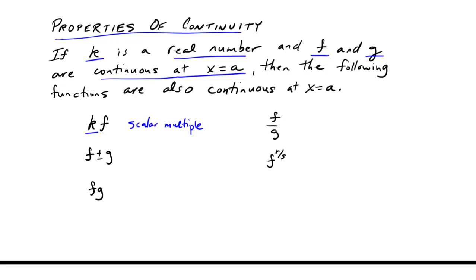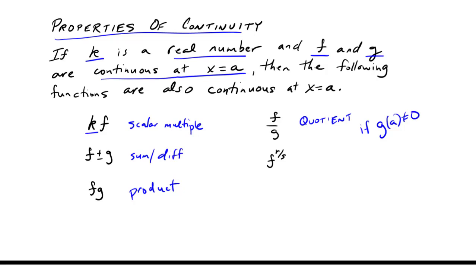If you take the sum or difference of two continuous functions, still continuous. If you take the product of two continuous functions, still continuous. You take the quotient, it's still continuous if g of a is not 0, okay?